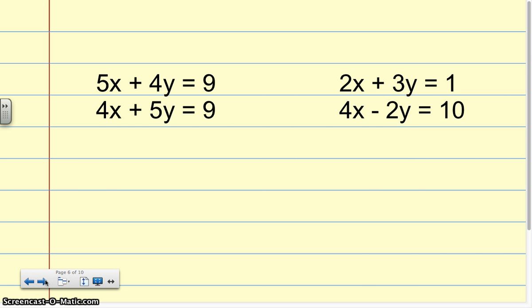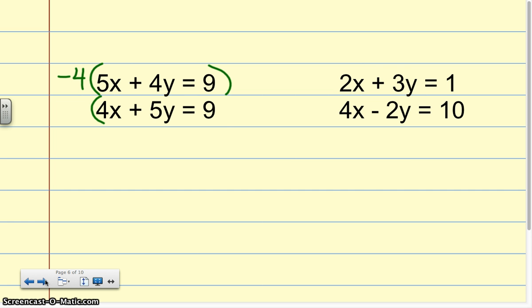Next example, I have 5x plus 4y is 9, and 4x plus 5y is 9. What I'm going to do at first, I see that one is not the opposite of the other, so I'm just going to make it happen. I'm going to times the top by a negative 4 because they're both the same sign, so I want to make them opposite signs.